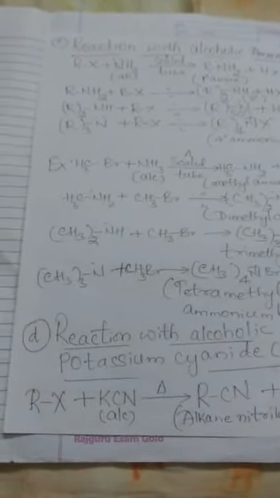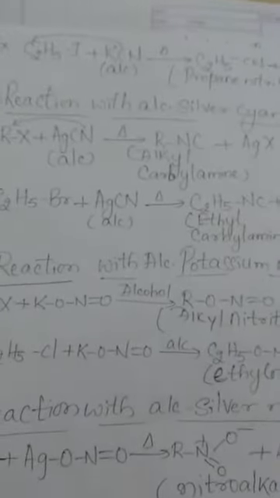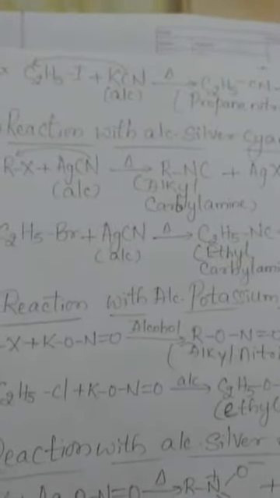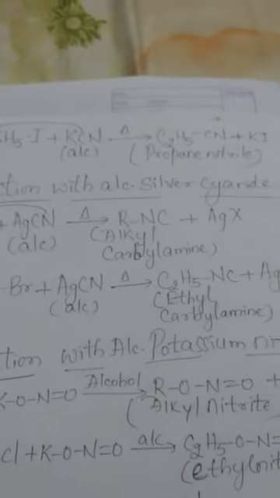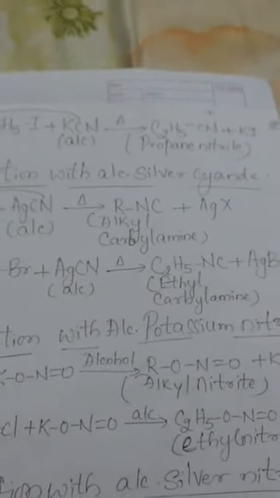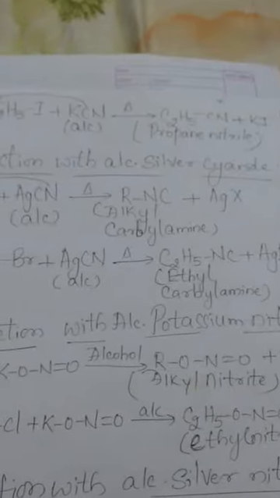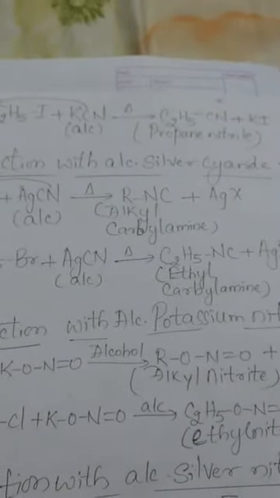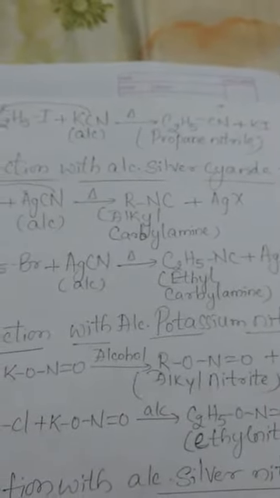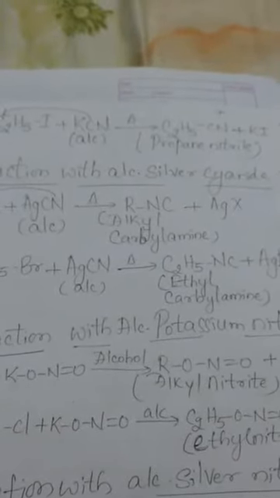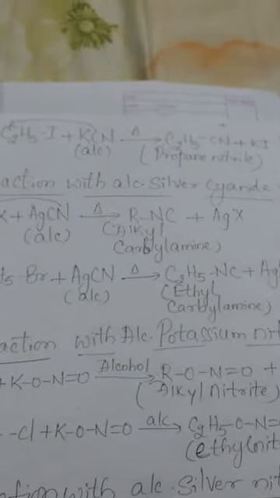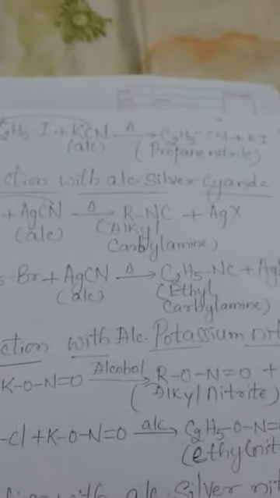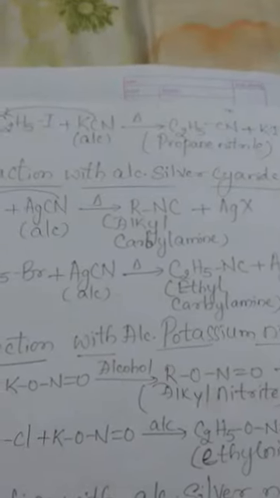So to give one particular example for this reaction, let us take iodoethane, represented by C2H5I. On heating with alcoholic potassium cyanide it gives the corresponding alkane nitrile, propane nitrile. Remember, the name propane here is given to the nitrile because the cyano group carbon is also included in numbering. So therefore there are 3 carbon atoms, hence the IUPAC name propane nitrile.